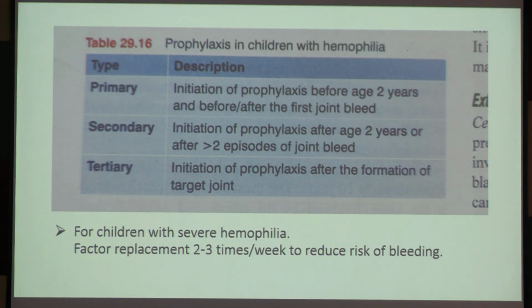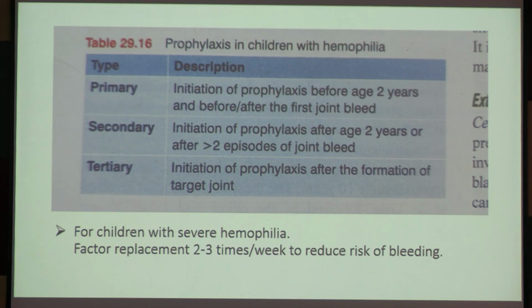In prophylaxis in children with hemophilia, there are 3 types: primary, secondary, tertiary. Primary prophylaxis, initiation of prophylaxis before the child attains the age of 2 years and before or after the first joint bleed.